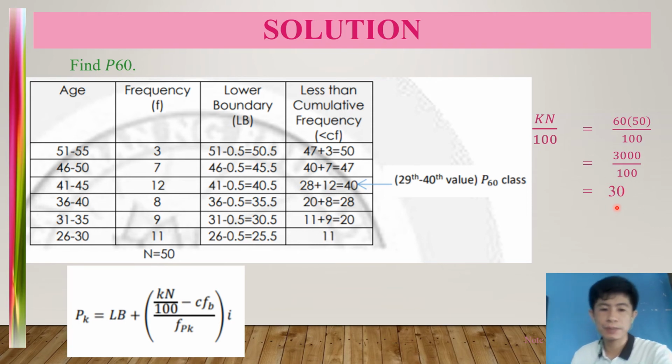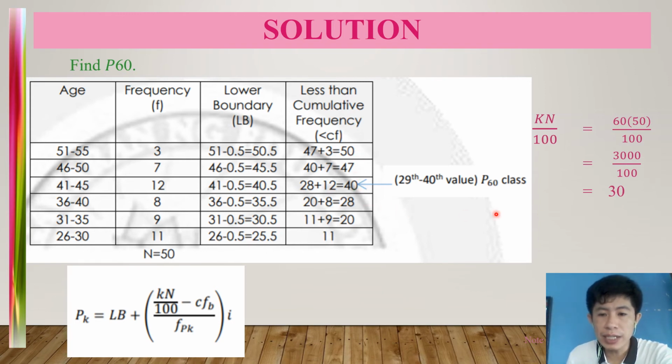Okay, so we got 30 as the value of Kn over 100. Okay. So, dito tayo titingin sa less than cumulative frequency. So, look for the number 30. We have 11, 20, 28, 40, 47, and 50. Okay.